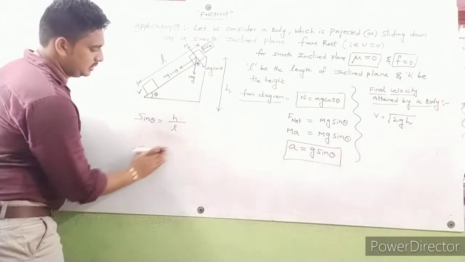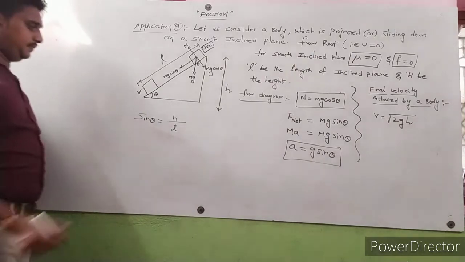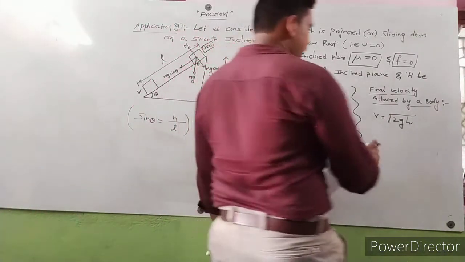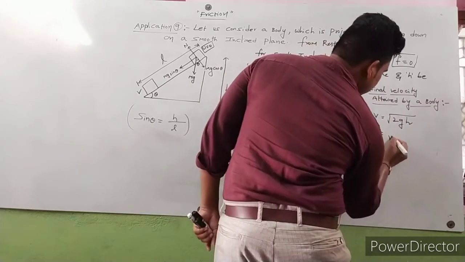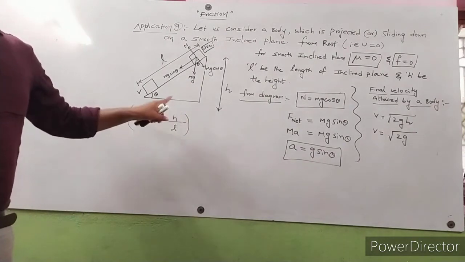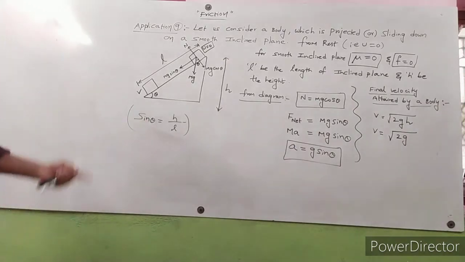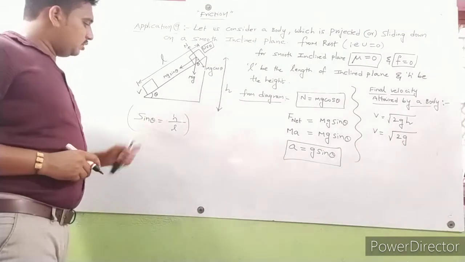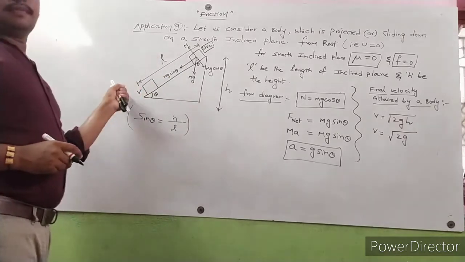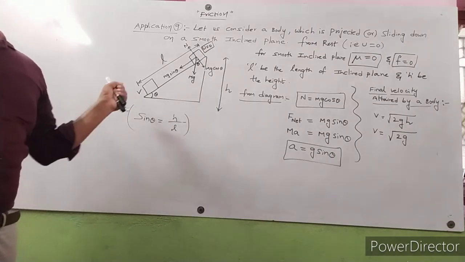So finally we got sin theta is equal to h by L. What we got from this? h is equal to L sin theta, so this distance L is equal to h by sin theta. Is it or not? L is equal to h by sin theta.